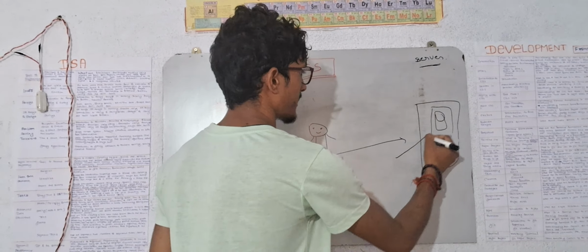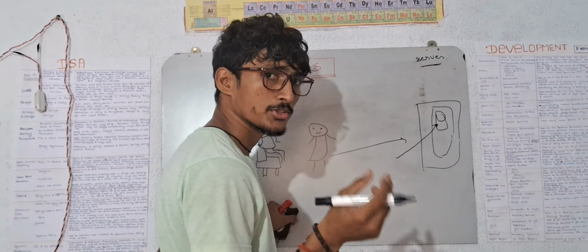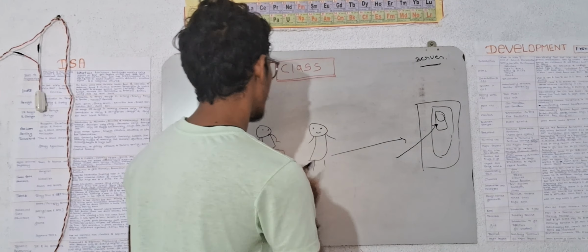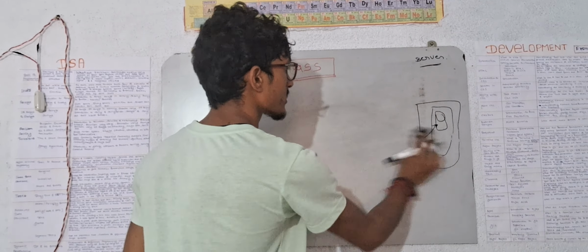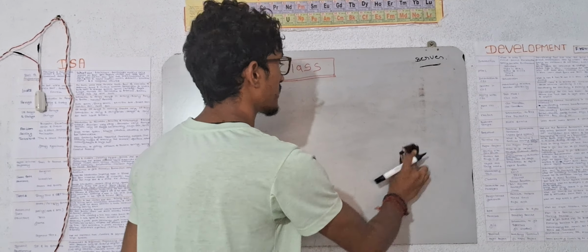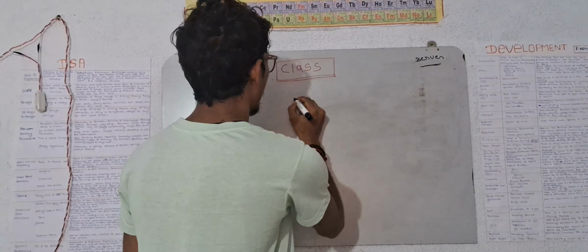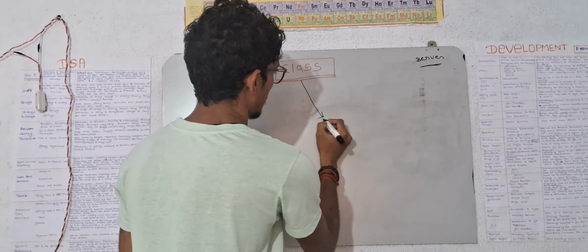If you want to store water, we cannot store water without a bottle or any type of shape. So we can say class works like a structure of Java, and we can say it is the template of Java.